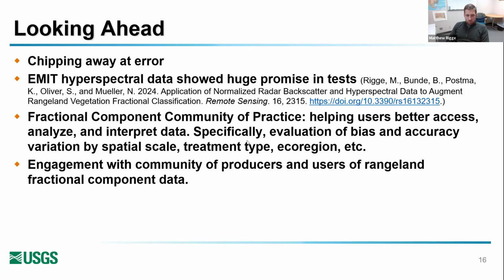This EMIT hyperspectral data has got like 300 spectral bands compared to 6 that we use from Landsat, and we showed a pretty dramatic improvement in accuracy using hyperspectral data. And I mentioned this community of practice. That's the joint effort with RCMAP and RAP and BLM for that matter on helping users better access, analyze, and interpret data.